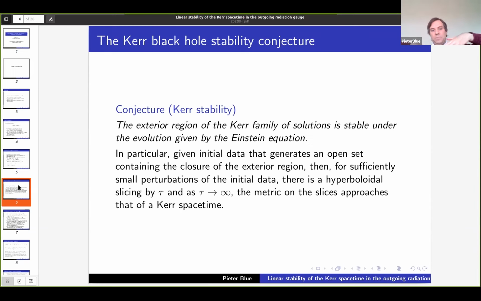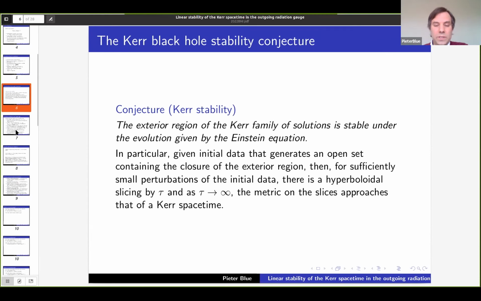You would hope that that's going to have a maximal globally hyperbolic development, and one hopes that it has a complete null infinity. That's going to have a past. The complement of that is the black hole, and one hopes that if you take a hyperboloidal foliation or some other sort of foliation that goes up to the end of null infinity, up towards time-like infinity, then the metric as you go that way should converge to a Kerr spacetime, but typically not the Kerr spacetime that you started with.